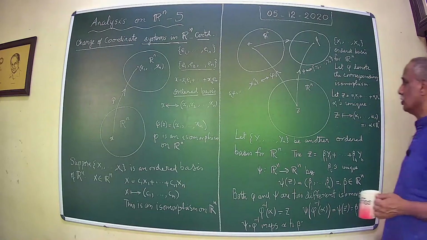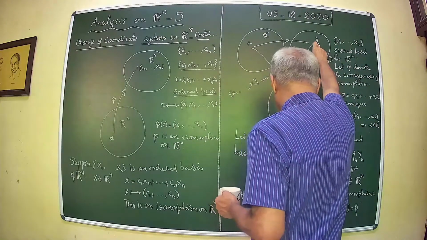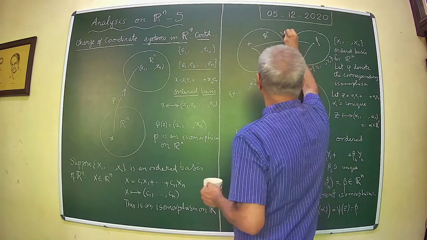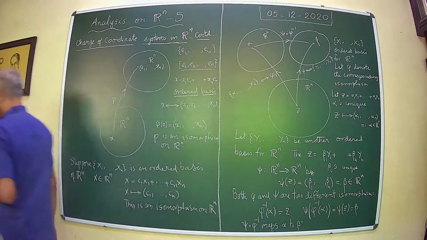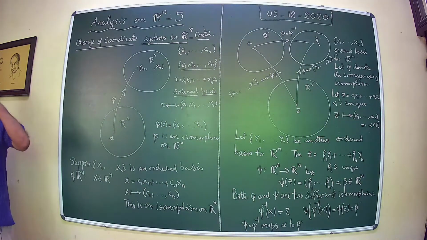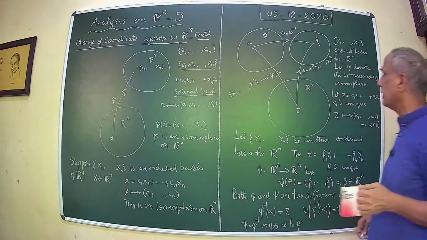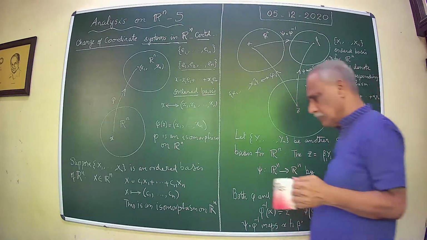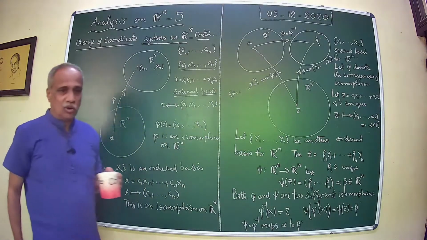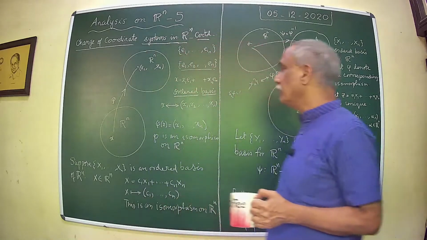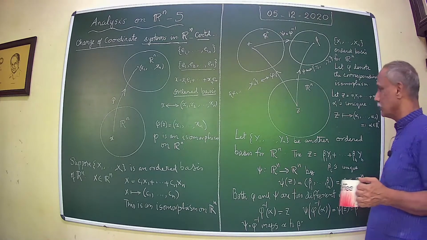So the image alpha and image beta are connected through this relation, namely psi composed with phi inverse. This is the connection. It's quite easy to understand. Now you can say that psi is an isomorphism, therefore psi inverse is an isomorphism. So also phi and phi inverse are both isomorphisms.